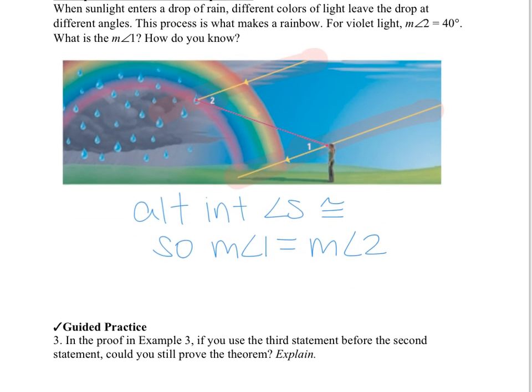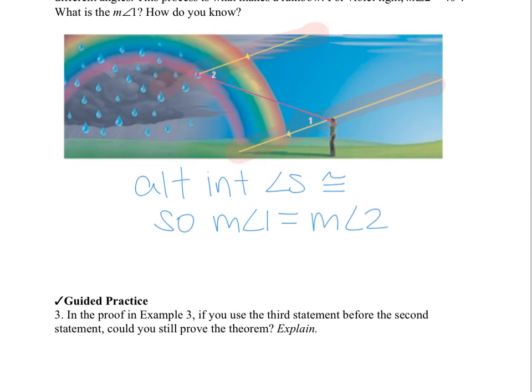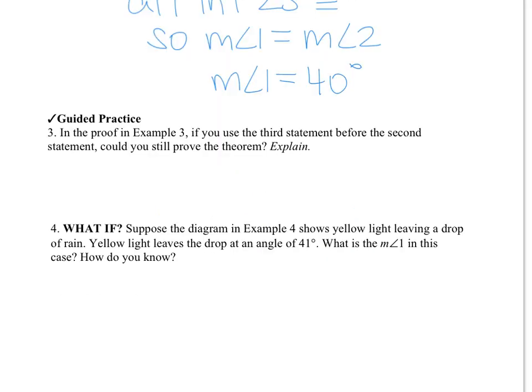So the measure of angle 1 is 40 degrees. Go ahead and try the guided practice, 2 questions. Again, pause the video and then restart and check your answers.